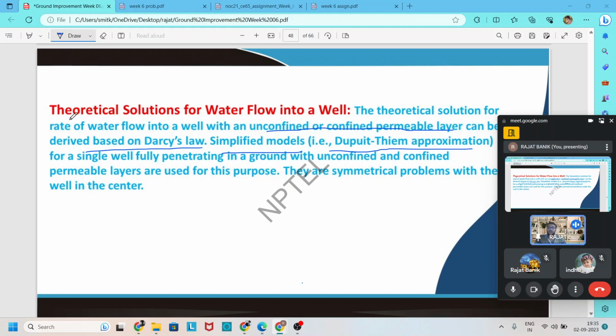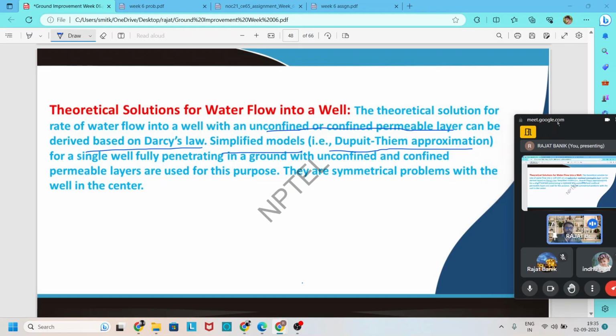We discuss the theoretical solution of water flow into the well. It is discussed that the theoretical solution for the rate of water flow into the well with an unconfined and confined permeable layer can be derived by Darcy's law. Simplified models, that is Dupuit theme approximation for a single well fully penetrating into the ground with unconfined and confined permeable layers, are used for this purpose.